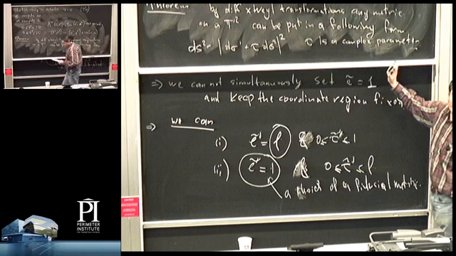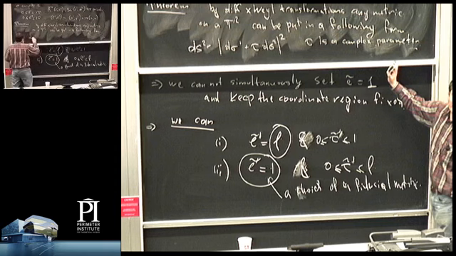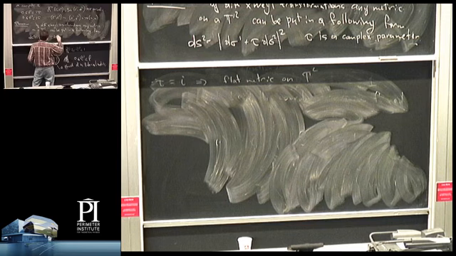Right, so the metric ds squared is going to be the absolute value of dσ1 plus τ dσ2, squared, and this τ is a complex parameter.